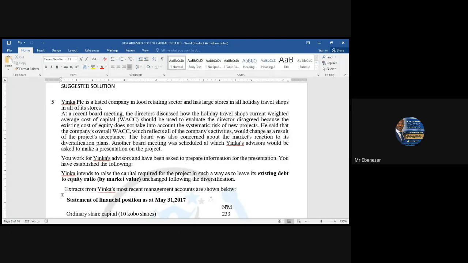And they are now considering that, even if we want to raise this capital, the existing debt to equity ratio, that is the market value of equity, debt to equity, should remain unchanged following the diversification. Okay. So we have an extract of information, right?